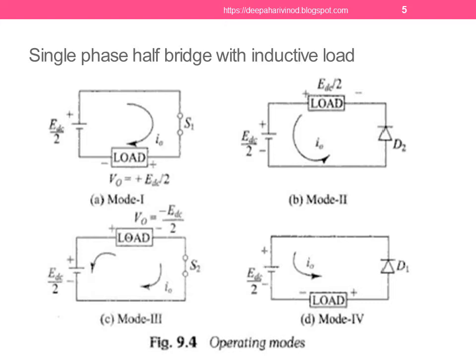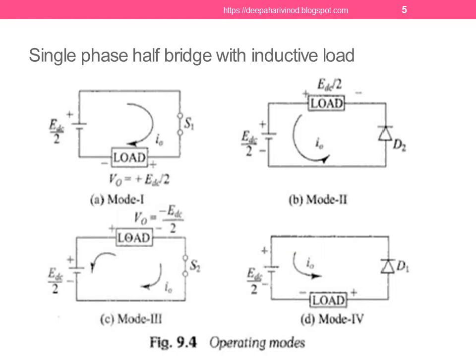In the figure on the slide we can see the current path in all four modes, and the operation of the diodes or switches in each mode, including the freewheeling diode.